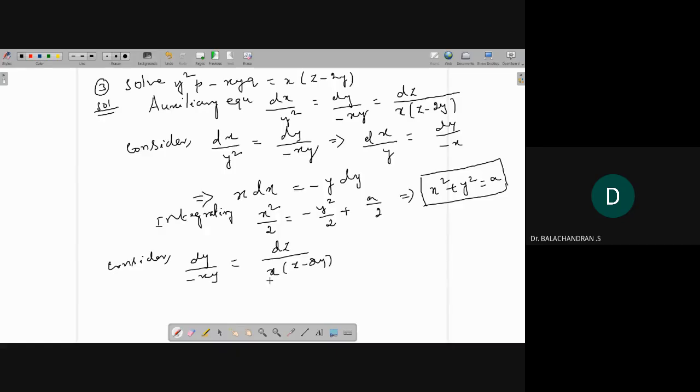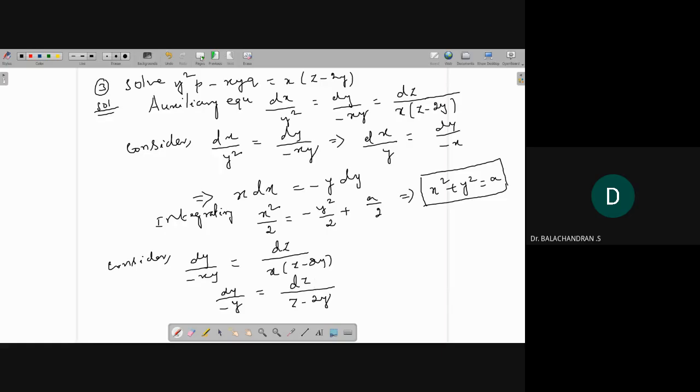So after cancelling x and x, you have dy by minus y equal to dz by z minus 2y. Okay. So now you cross multiply. That is z minus 2y into dy equal to minus y dz.